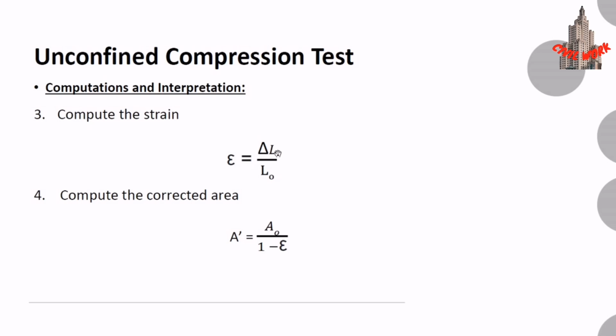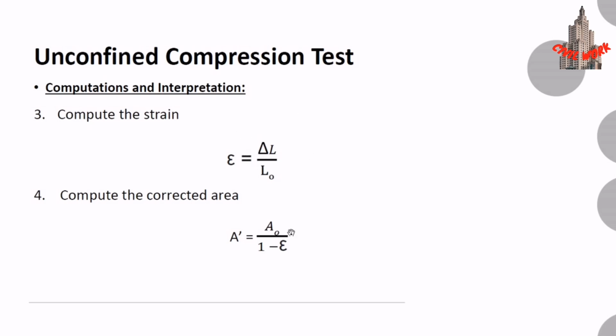Delta L is the change in length divided by the original length of the specimen. Original length will be determined before carrying out our experiment, and delta L will be determined after the deformation of our sample.